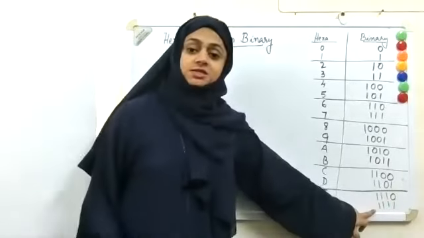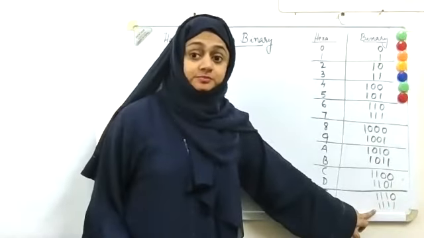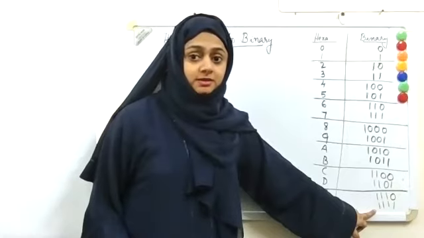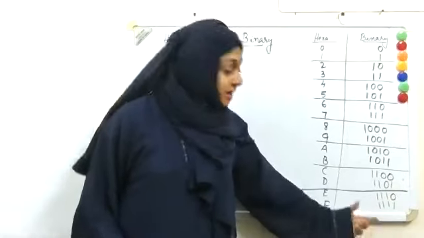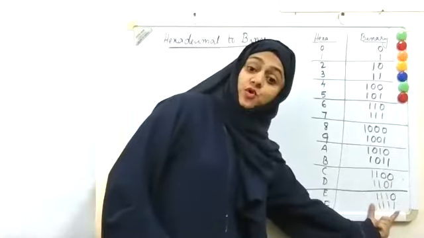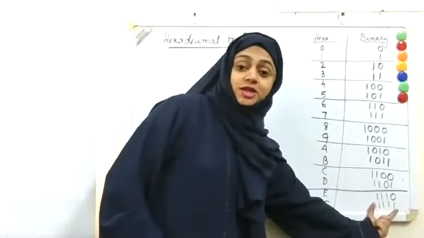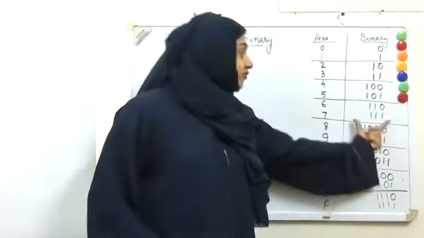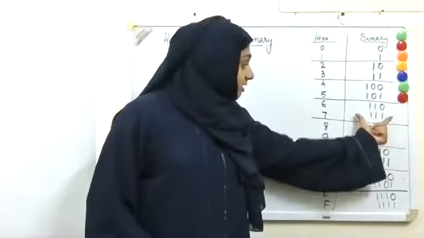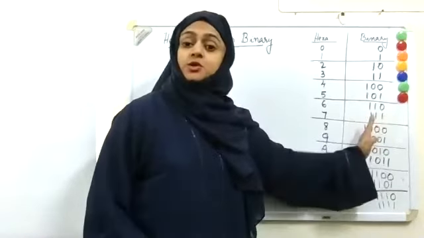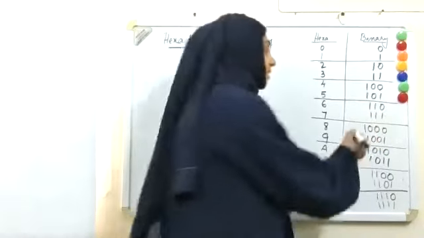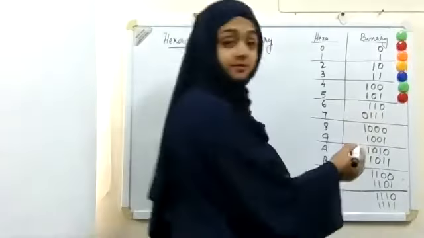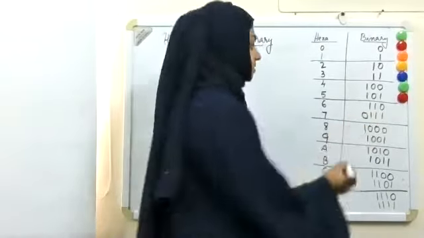Now how many digits are there in F in binary? There are 4 digits or 4 places here. So let me make 4 places throughout. So here there are only 2 places. To make it 4 places, I am adding 1 0 here. So there are 4 places.